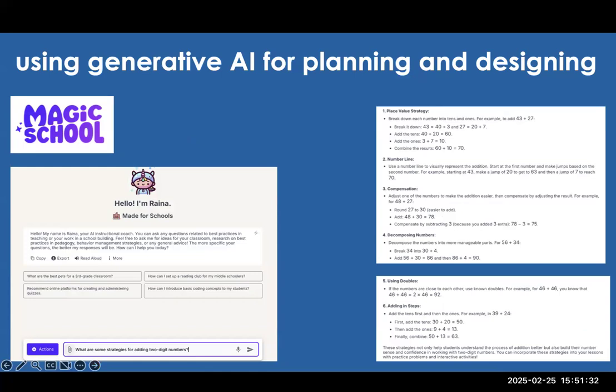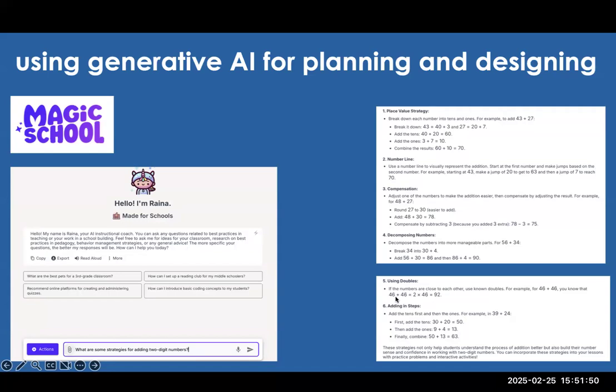So, here's Raina, the AI chatbot, and I entered a question: What are some strategies for adding two-digit numbers? That was just a conversation I had, and these are the strategies that she shared.